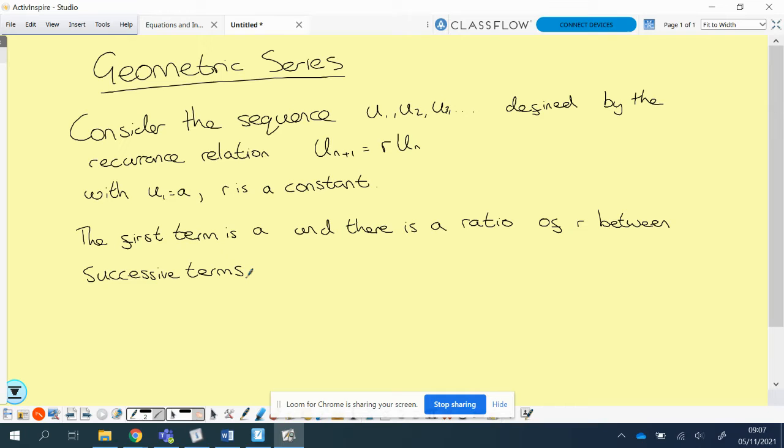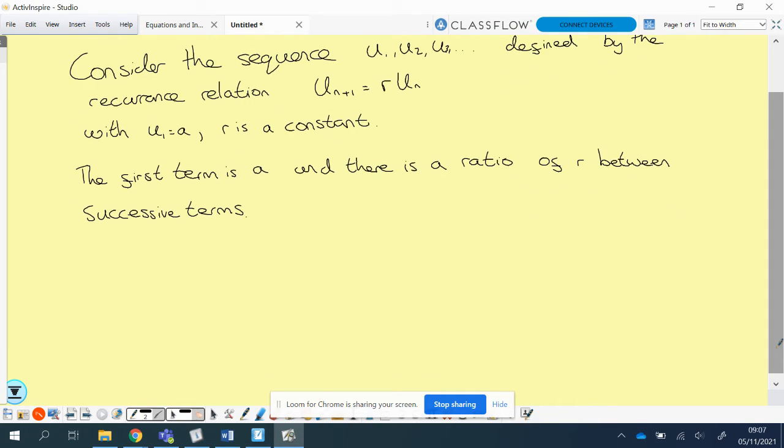So what would that look like as a sequence? Well, U1 is just A, the first term. Then U2 would be the ratio multiplied by the term before it, which is R times A, better written as AR.